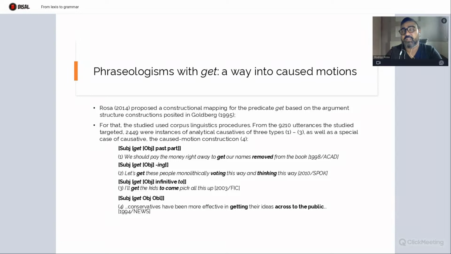My objective was to give a case study of language description based on a predicate that was extremely discursively salient, something really frequent, which is the case of the verb get. We all know, right? So I proposed a constructional mapping for this predicate, get, based on the typology of argument structures posited in Goldberg 1995, right?